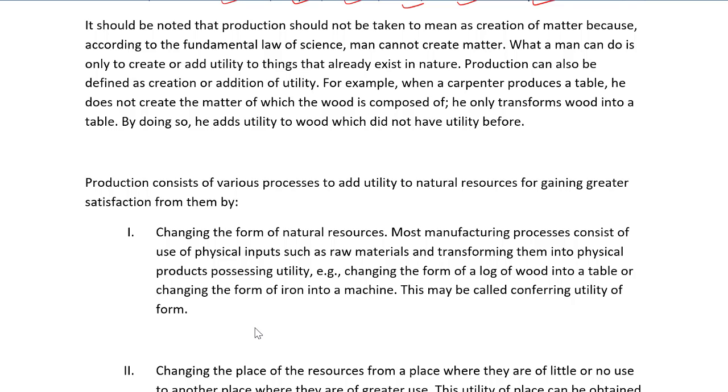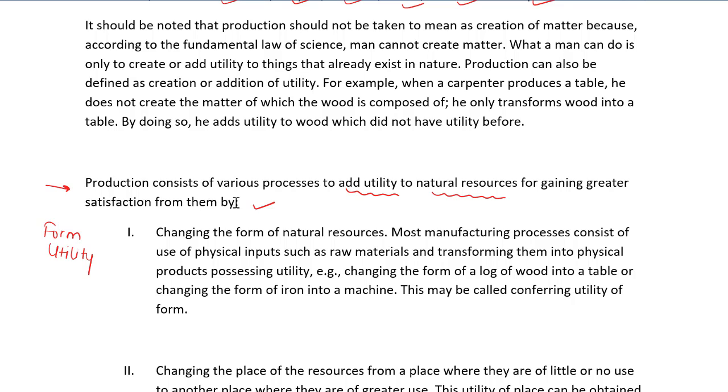Production consists of various processes to add utility to natural resources for gaining greater satisfaction by them. The first is changing the form, which is known as form utility.